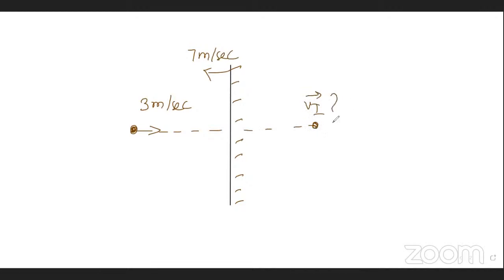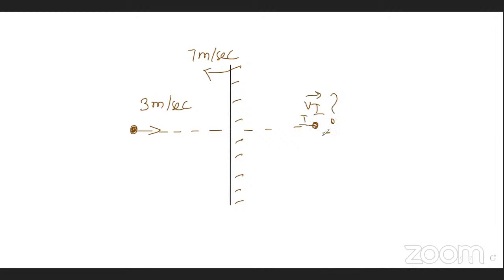This is a plane mirror. An object is in front of the plane mirror. It is moving with some speed, say 3 meters per second, and the mirror is moving with some speed, say 7 meters per second. So the image will also have some velocity. What will be the velocity of this image?